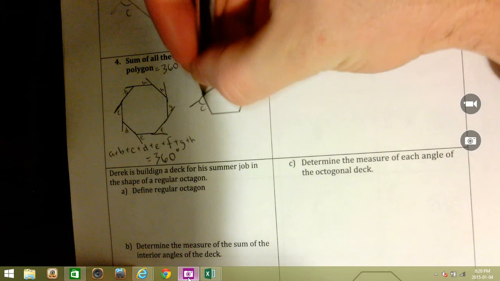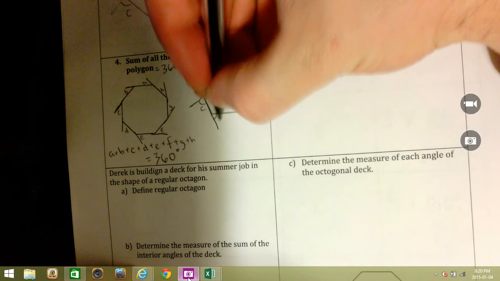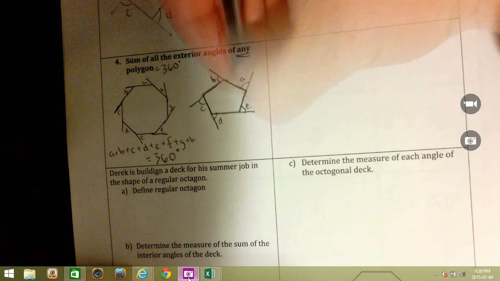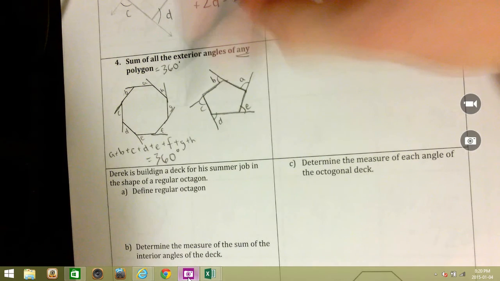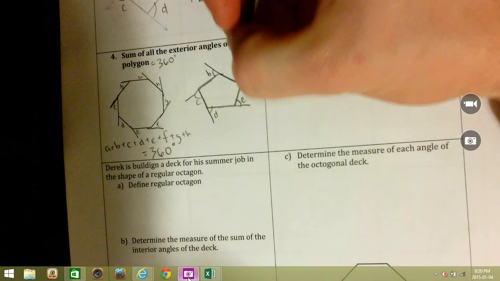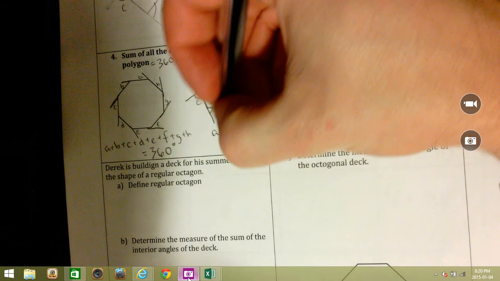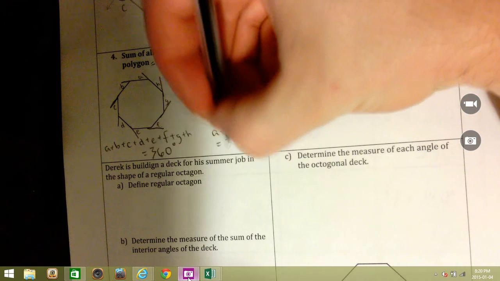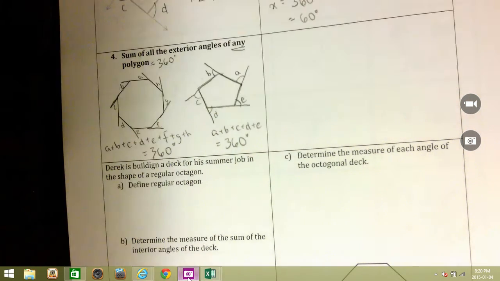C, continue on. Here's one, D, and continue on. And that's E. So that's just to show you how you find where the exterior angles are. Again, to add all of these up, A plus B plus C plus D plus E again has to equal 360 degrees.